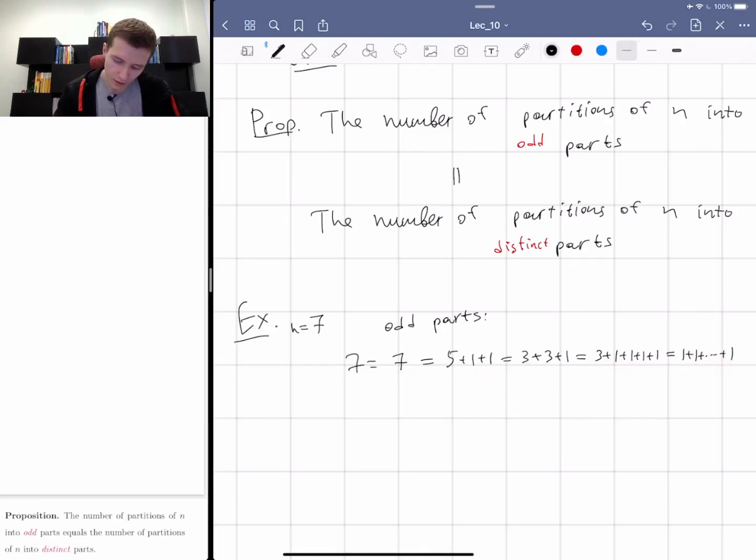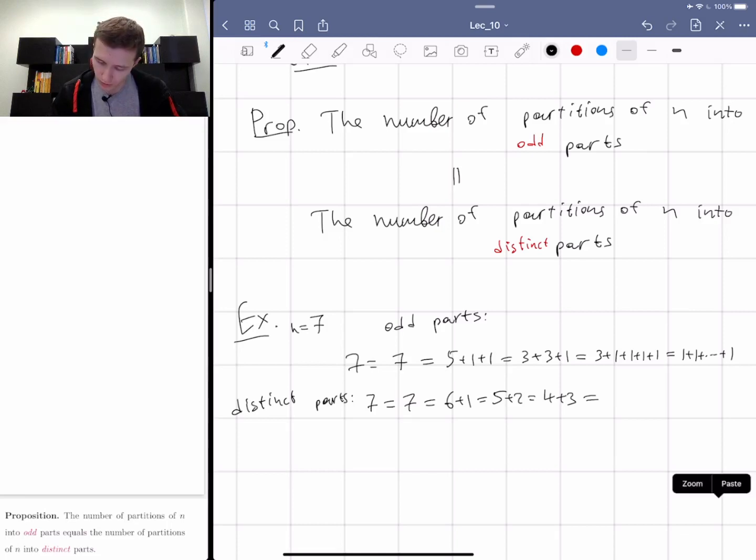And so there's odd parts, but for the distinct parts, I can say that 7 is also 7, or 6 plus 1, or 5 plus 2, or 4 plus 3. The parts have to be distinct, but that's the only restriction. And what else?